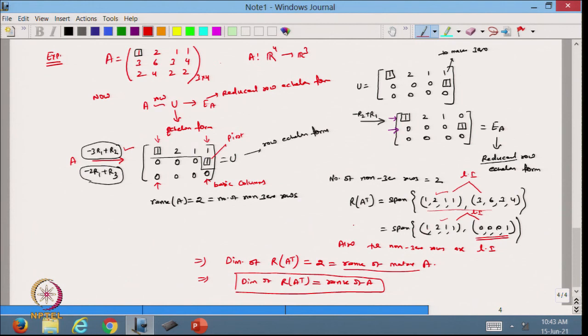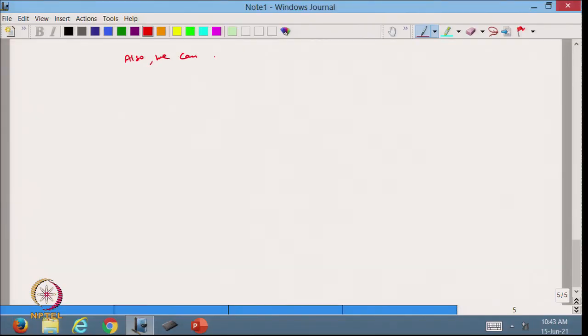And this can also be written as follows: we can check that the range space of A transpose is the same as the range space of EA transpose, because the matrix A is row equivalent to EA, since EA is obtained by taking elementary row operations.